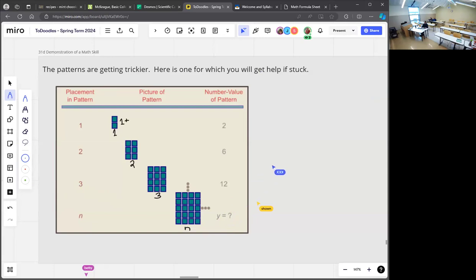If the bottom's 2, the top is 3. If the bottom's 3, the height is 4. How much bigger is the height compared to the bottom of each of these rectangles? It's always the same.